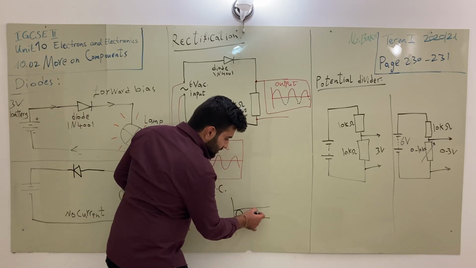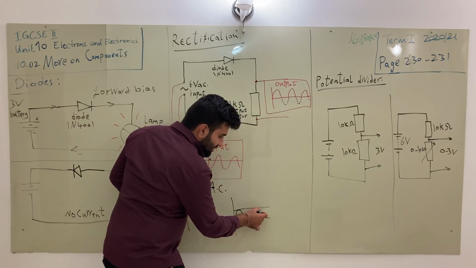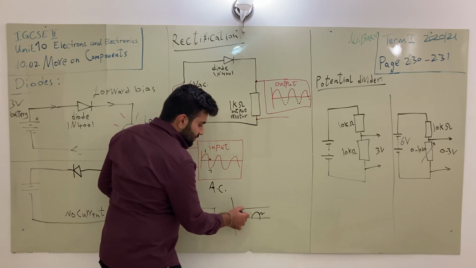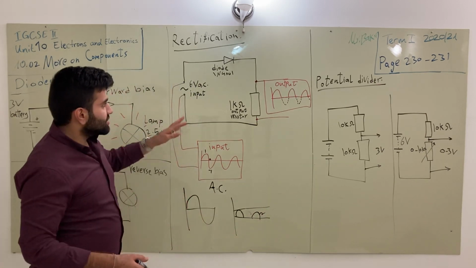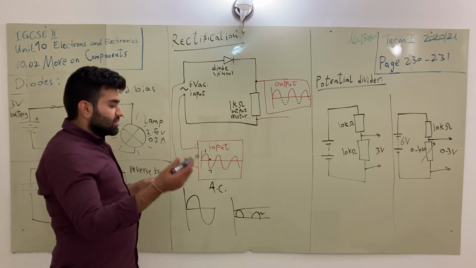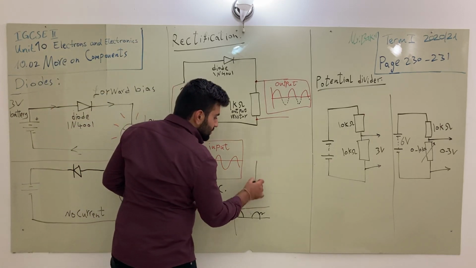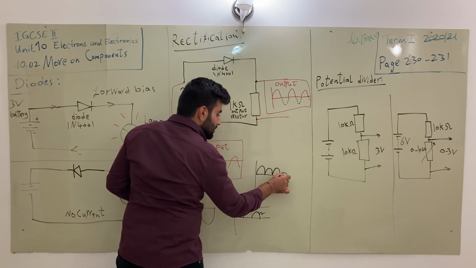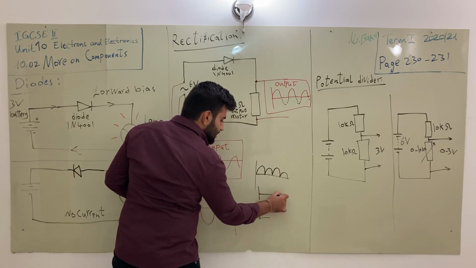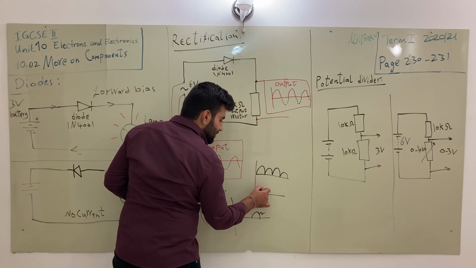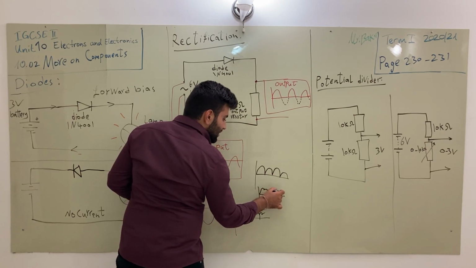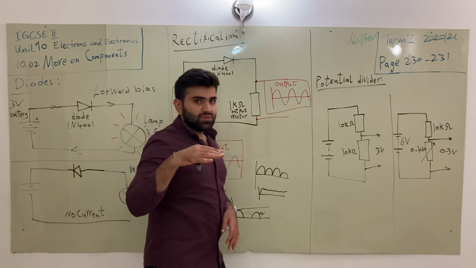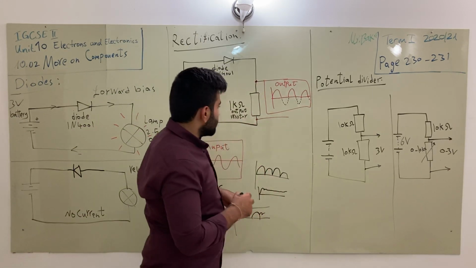Now we can use capacitors. When the current goes down, the capacitor charges up. This is just for a rectifier, but later we'll take two, and it will be like this. Then we put capacitors, and with more capacitor the output gets nearer to the straight line, like the DC.